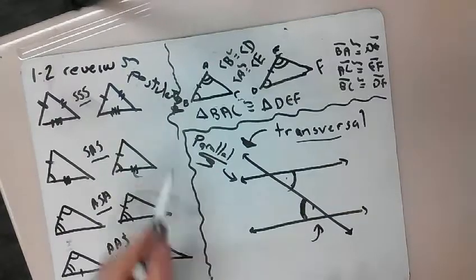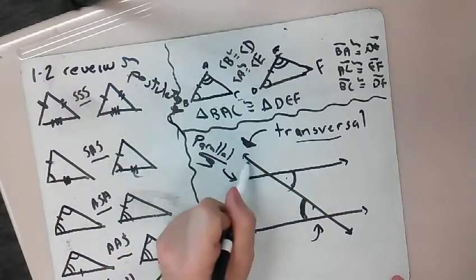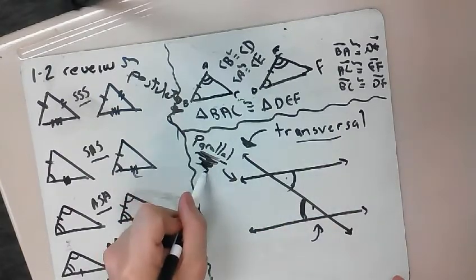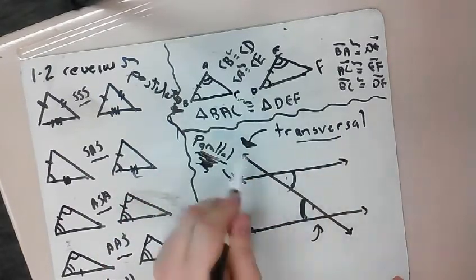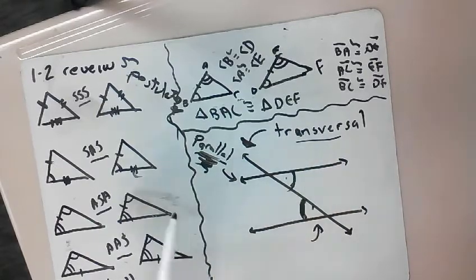Okay, one more point we got to get to before I can start 1-3. I got here a pair of parallel lines. I'm telling you they're parallel, and this line here that's cutting through these parallel lines is called a transversal.